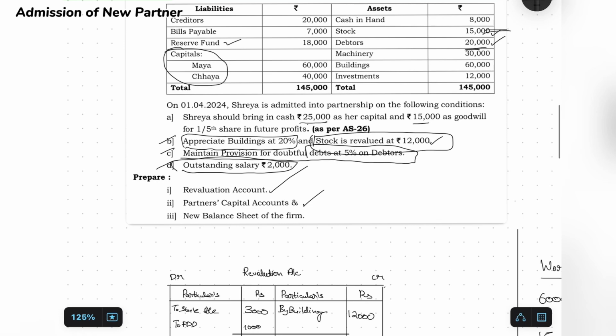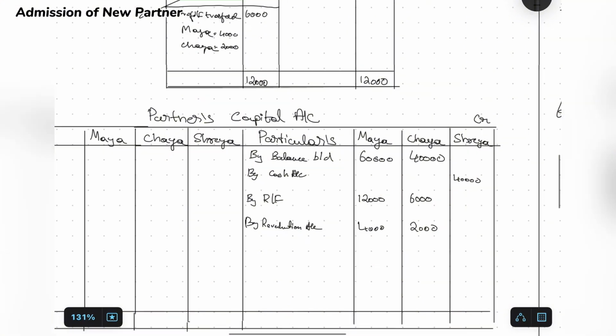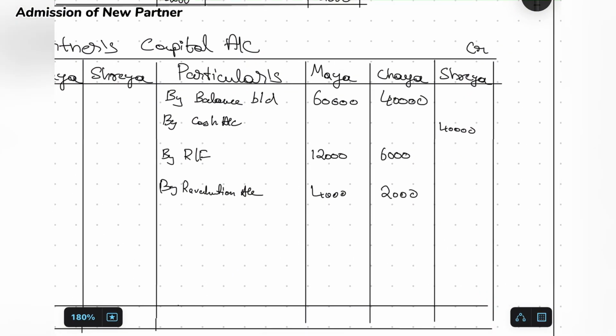After making this entry, I'll come to the goodwill part of the partner who is coming. Shreya is coming, right, as a new partner. She is bringing 15,000 as goodwill. So this goodwill belongs to whom? This goodwill belongs to the old partners, that is Maya and Chaya.